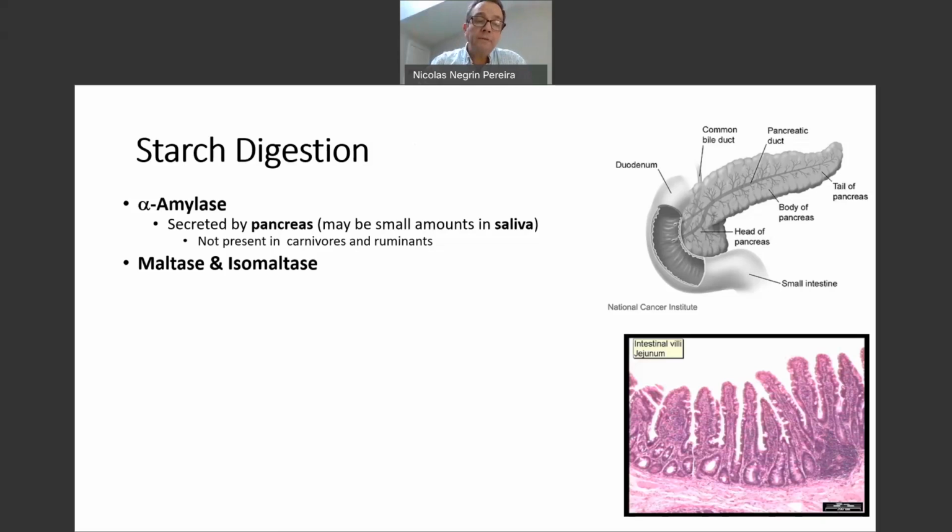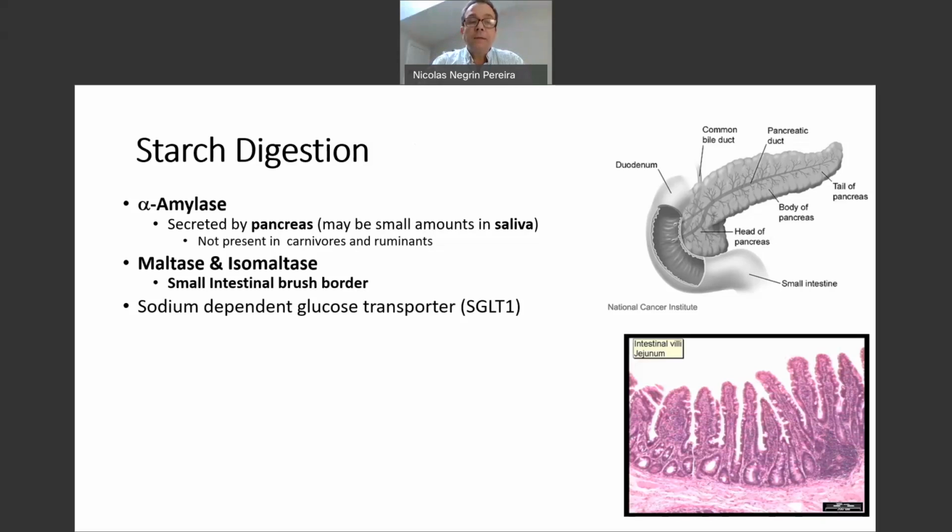The other important enzymes are maltase and isomaltase, which are produced by the small intestinal brush border.